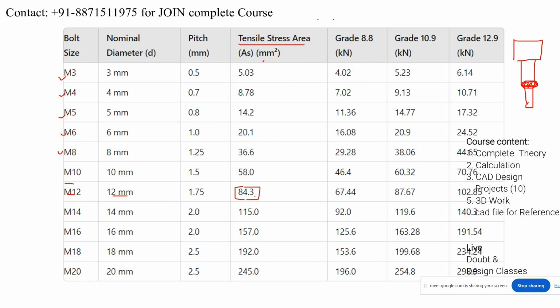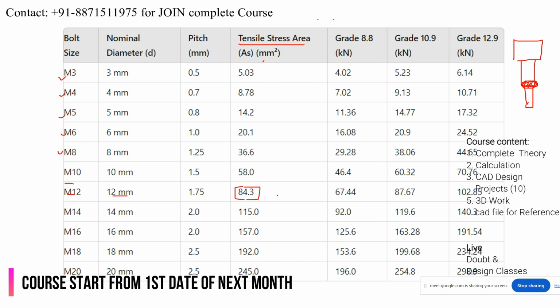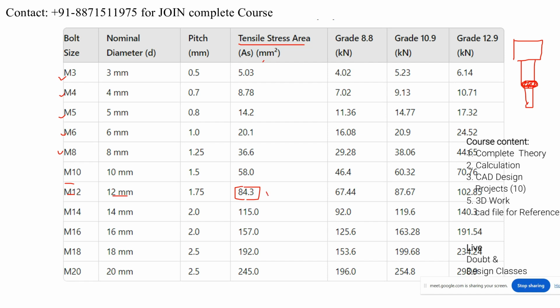So what I am doing here is tensile strength multiplied by tensile area. So basically what you will get is the allowable load. Here you can see that for grade 8.8 it is 67.44 kilonewton, which is the allowable load per bolt.